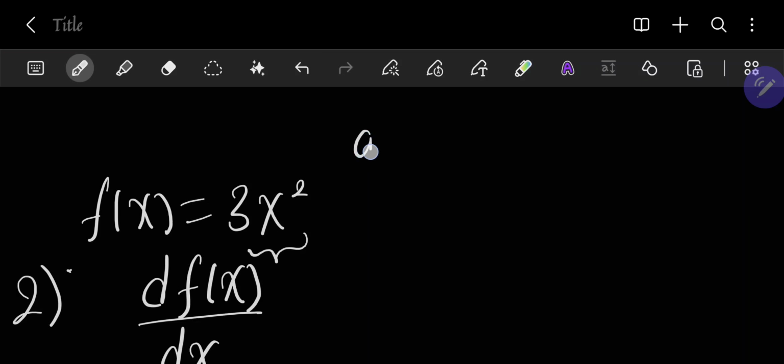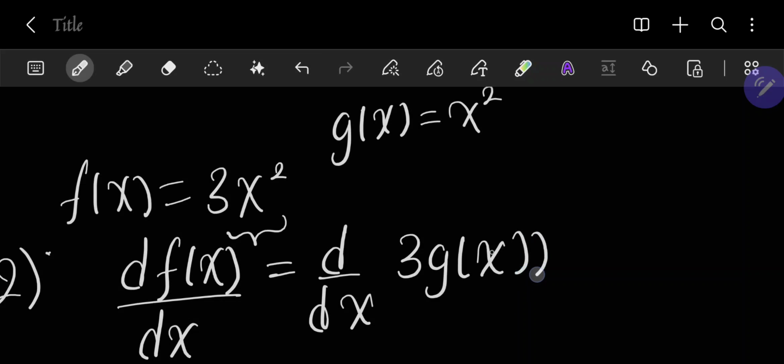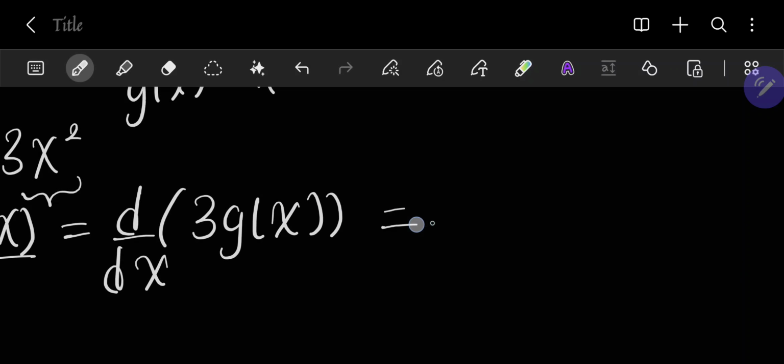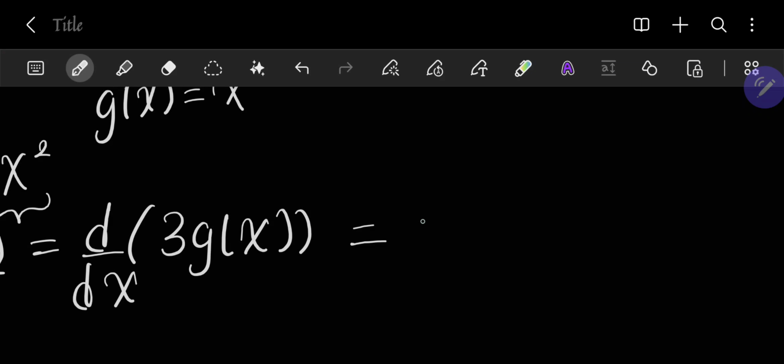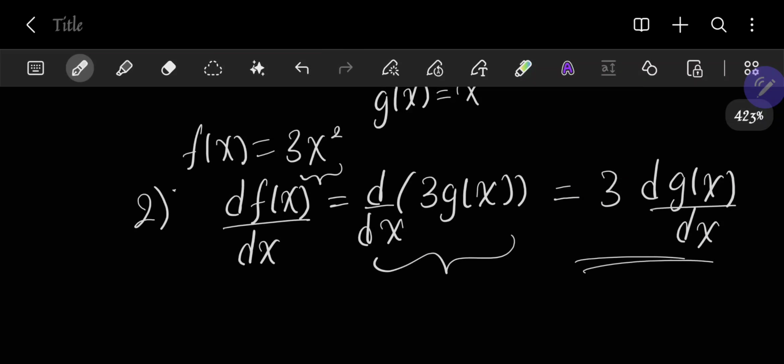Let's say that g of x is equal to x squared. Because of this, you can write f of x as 3 times g of x, which means using the second rule, we have that this is equal to 3 times the derivative of g of x with respect to x. So this is what the second rule states.